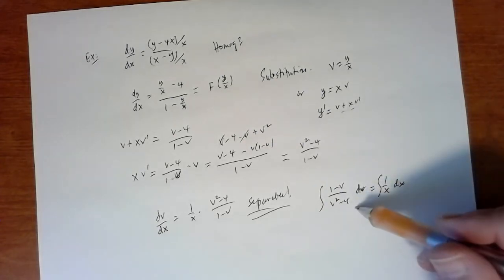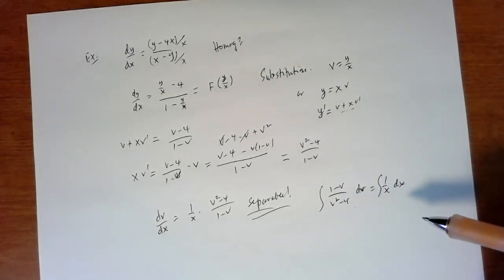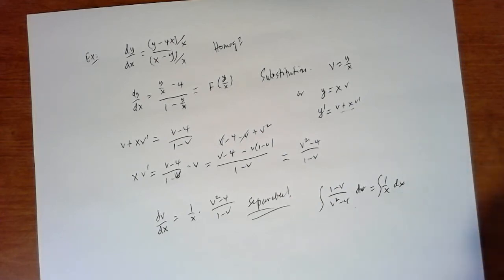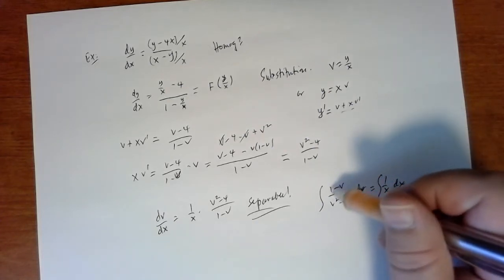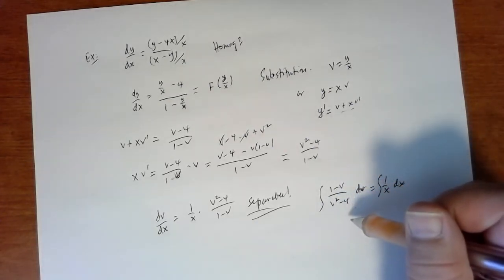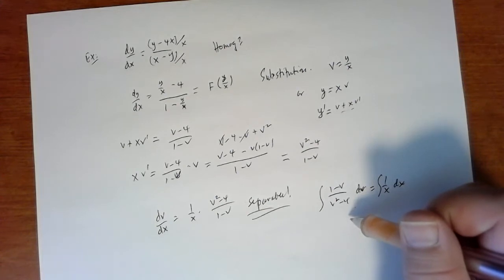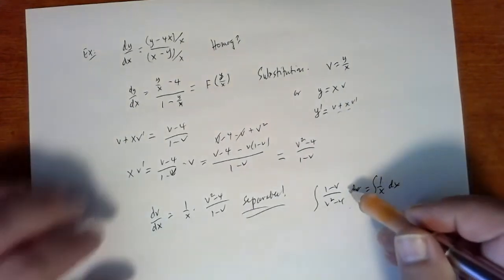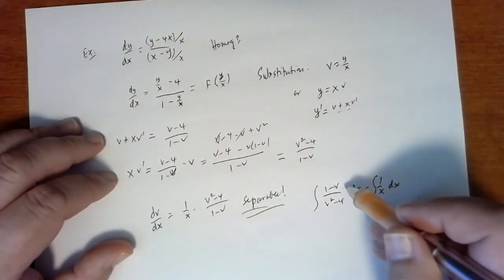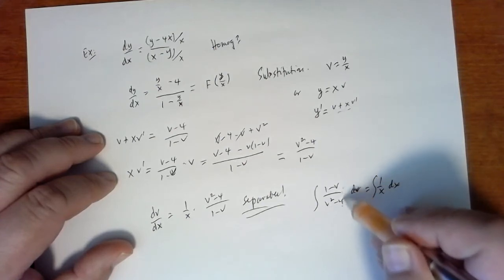Could you integrate this side? How would you do that? How would I integrate this side? There's two ways to do it. Well, I think if you have a polynomial divided by a polynomial, do you remember what happens?